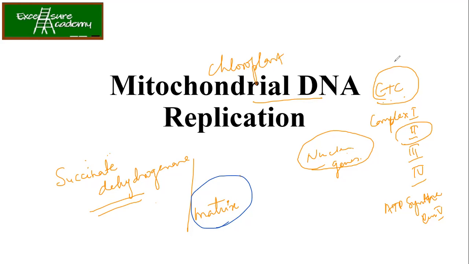So you have the mitochondria, outer and inner membrane, with cristae, and on this you have your ETC complexes. Now this is your matrix. Here you have succinate dehydrogenase, whereas complexes 1, 3, 4 and 5 are present on the inner membrane.